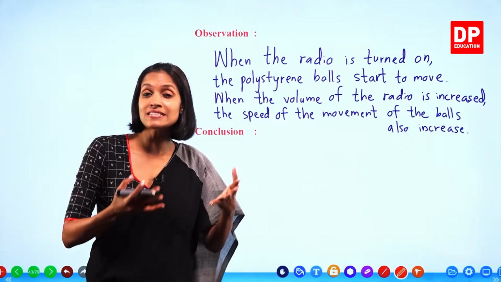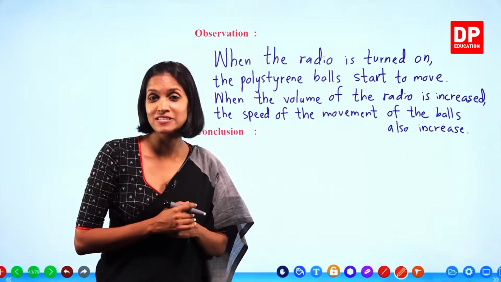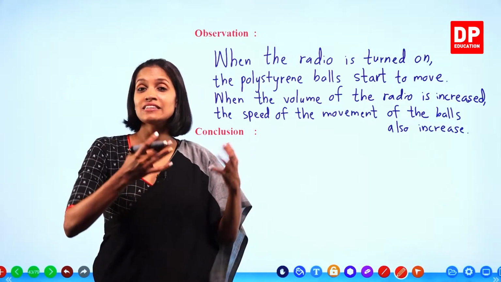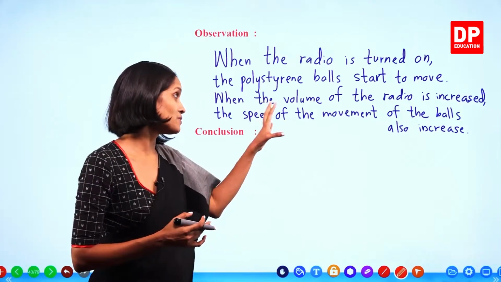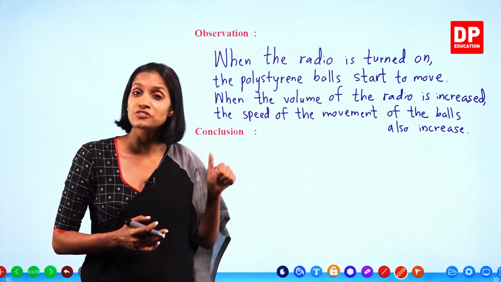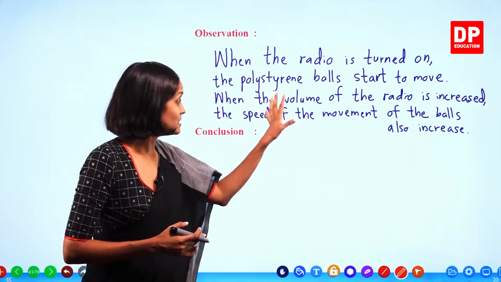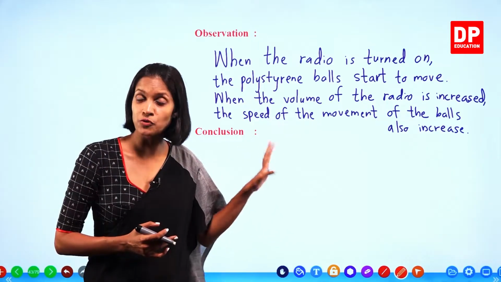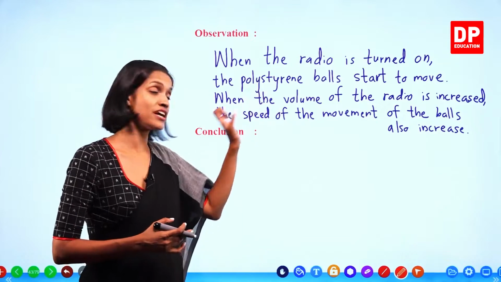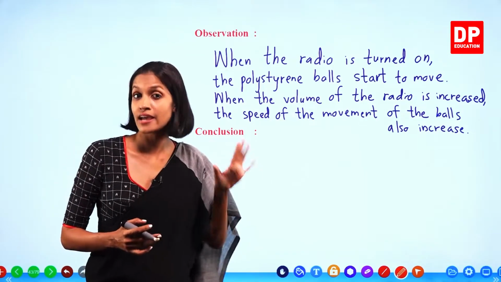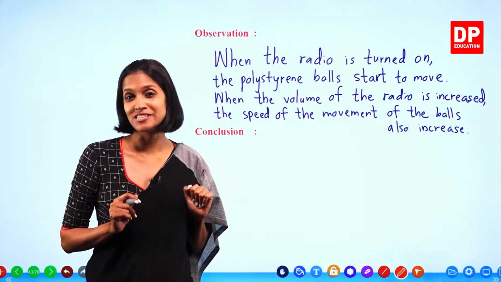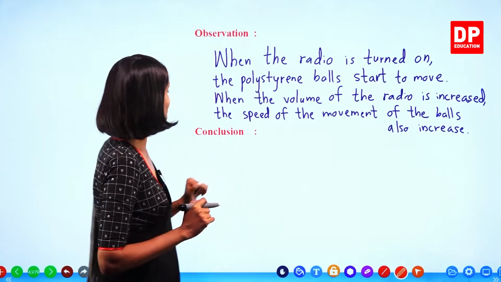So by increasing the volume of the sound, what happens, children? We are increasing the amount of energy supplied to the polystyrene balls. So it's very clear that this work is done by sound, which means in order to do this type of work, sound must have a certain type of energy. Right, children? Let's write the conclusion.